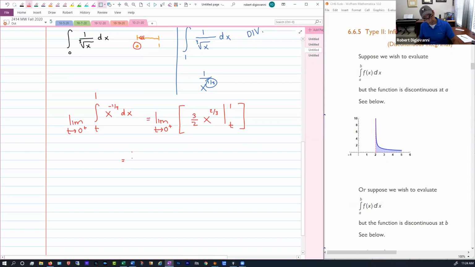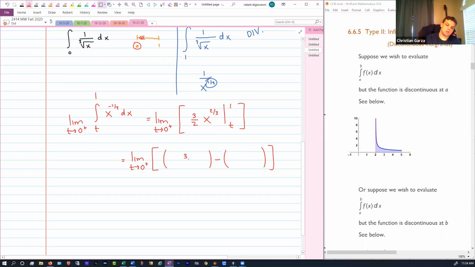And now limit t approaches 0 from the right. Going to plug in two things here. Plug in 1. Well, what's 1 raised to any power? 1. So this should just be 3/2. And then plug in t, 3/2 t to the 2/3. And what about that limit?